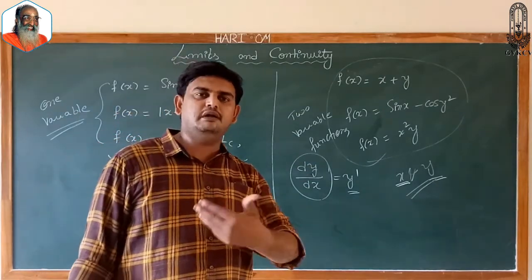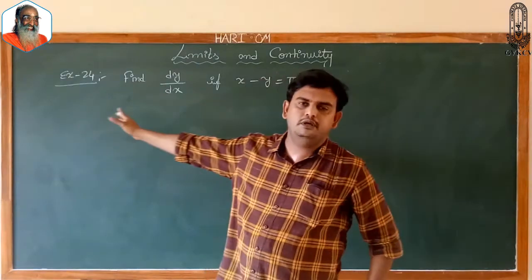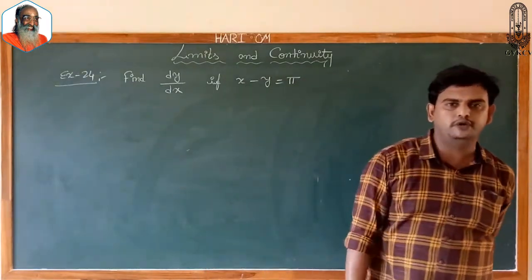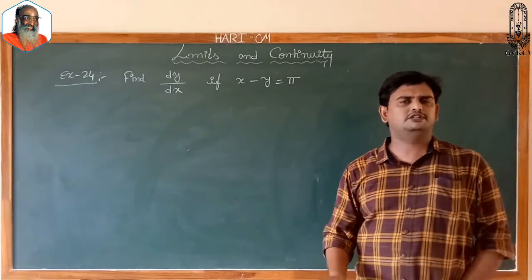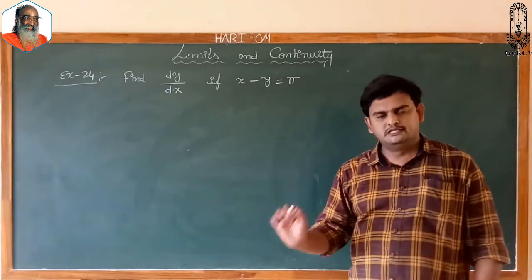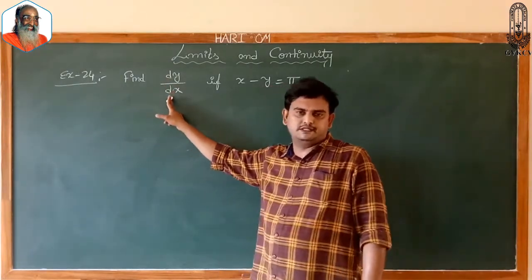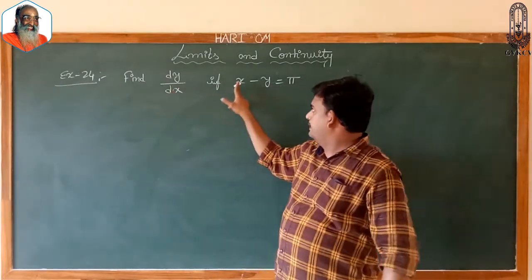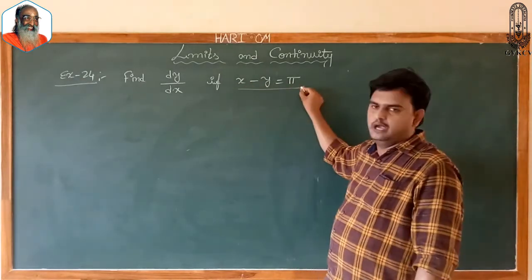That is exercise number 5.3. Here we have example number 24. They did not mention implicit function or explicit function, nothing. Simply there is a question: find dy by dx if x minus y is equal to pi. Now this is the function we have.